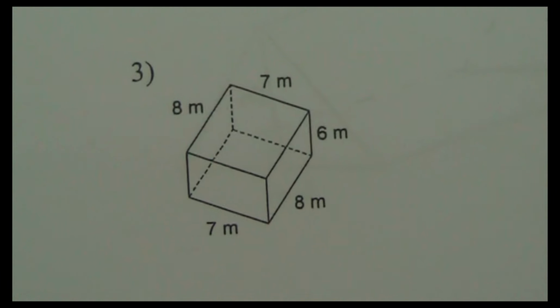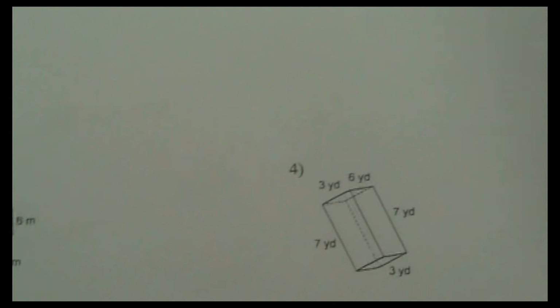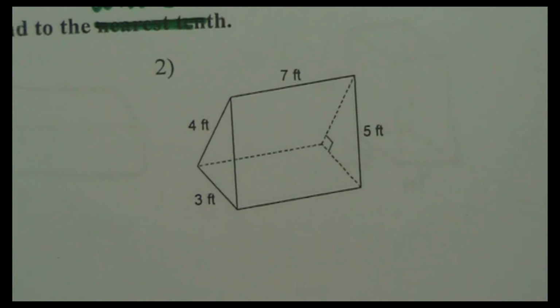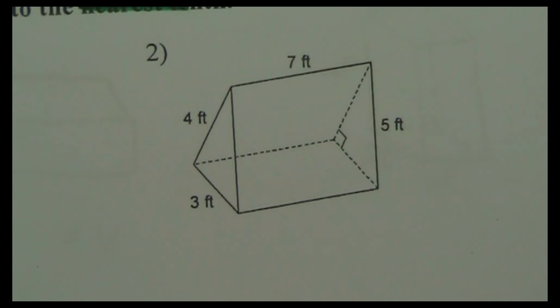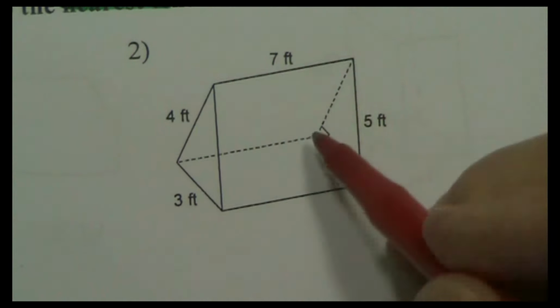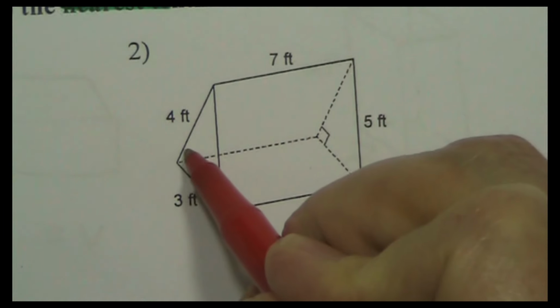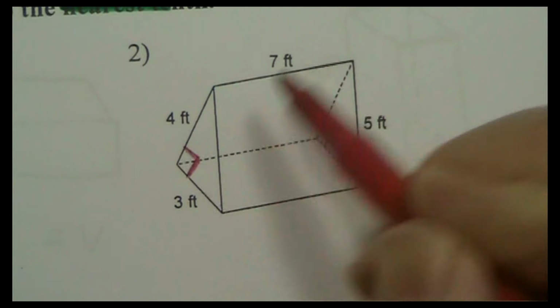Okay, let's take a look at the triangle ones. That seems to be the ones that throw people off. So looking at this triangle, again, there may be more numbers than you need. You'll notice that right here, see how I have a 90-degree angle? That means this is a right angle.